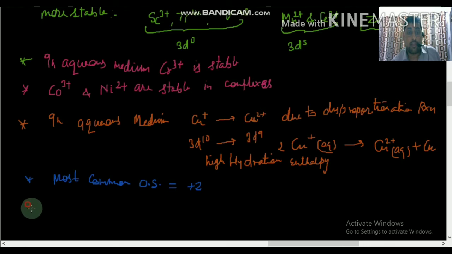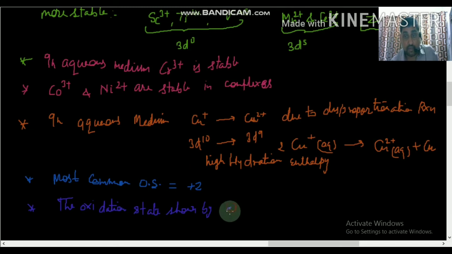Now the highest oxidation state shown by any transition element is +8.